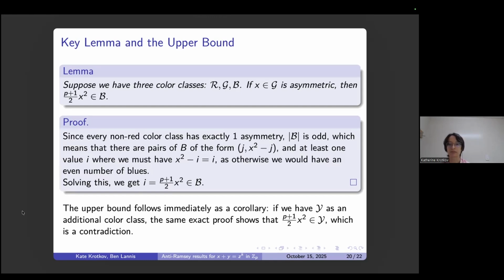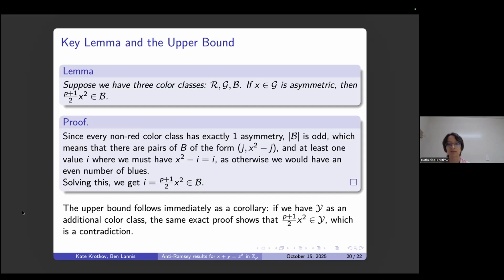And so we can also partition the color class into these pairs j and x squared minus j. This is just the partition that you get from applying x squared minus j to every single element of the color class, because x squared minus j is equal to j. And so you have this correspondence.